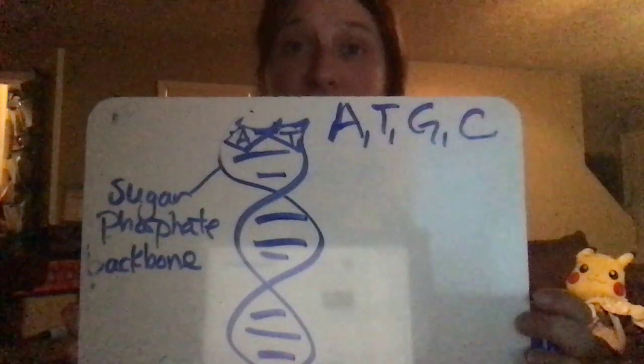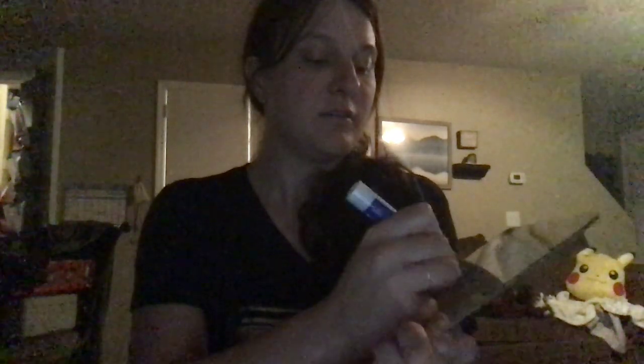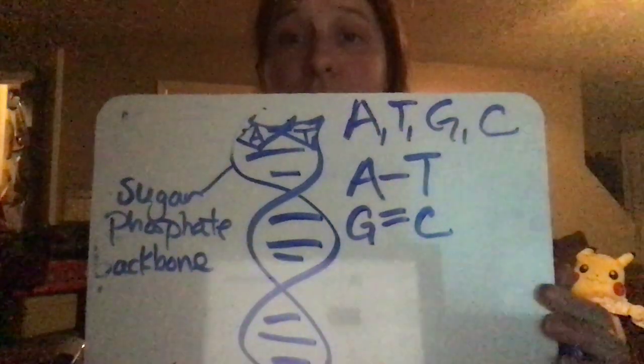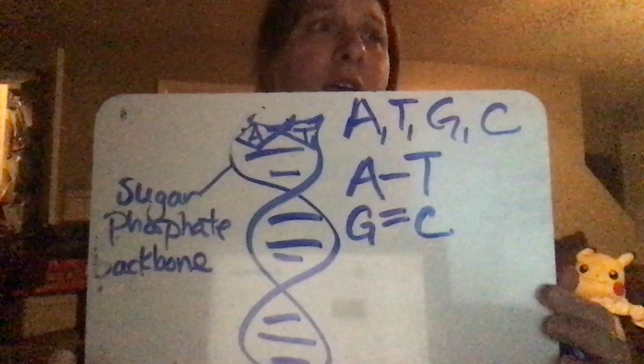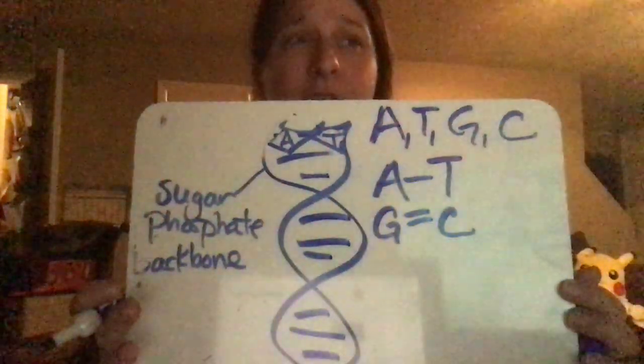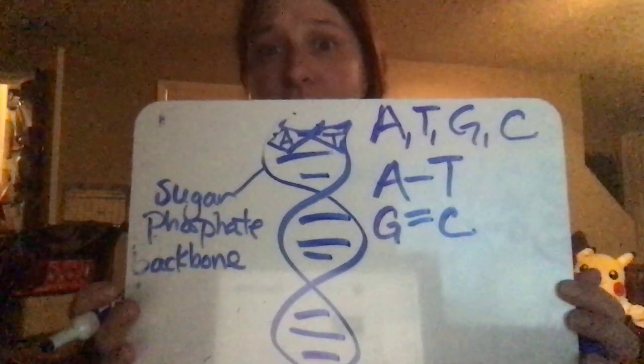A likes to pair with T, and G likes to pair with C. A pairs with T, and G pairs with C. A and T form a single bond, and G and C form a double bond. So what happens is that these nucleic acids assemble themselves in a way in your DNA to where they create a unique code to you, okay?